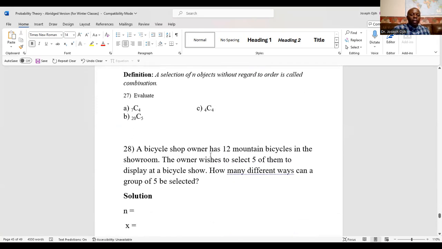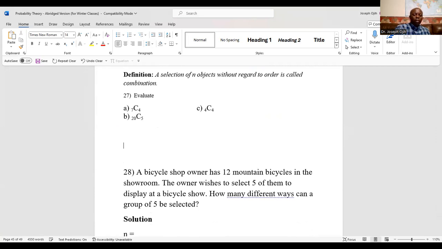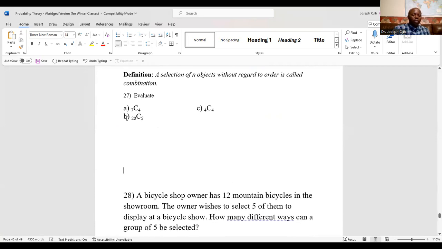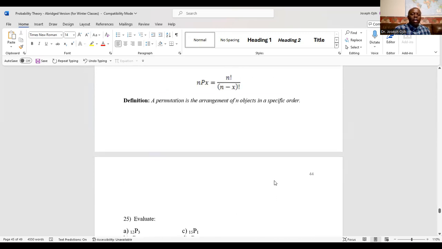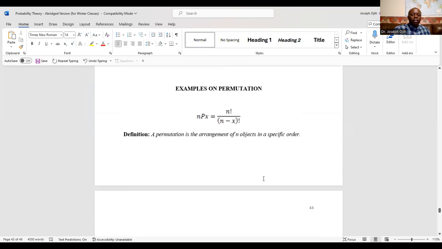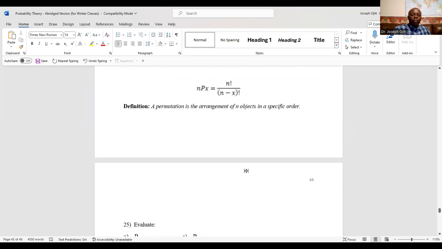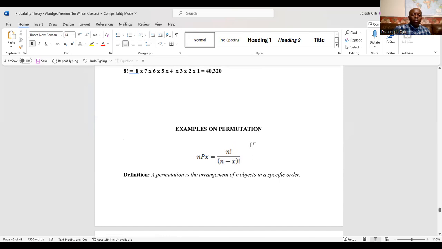So now the combination, we have shown you both of them. Now let's look at this one, combination. We can verify this. When a student asks a question, sometimes it helps me to add more information.